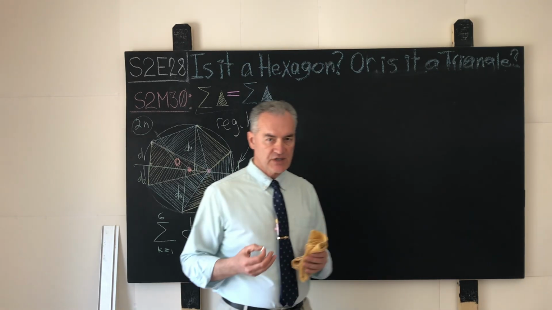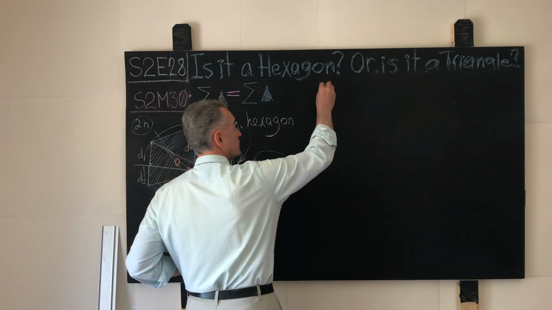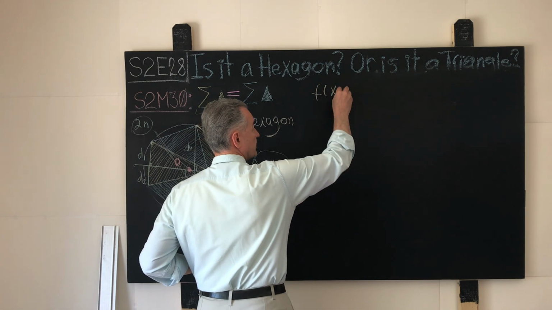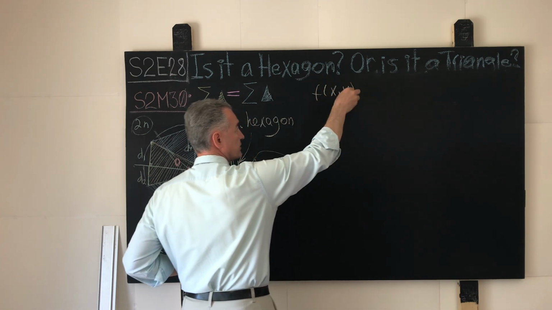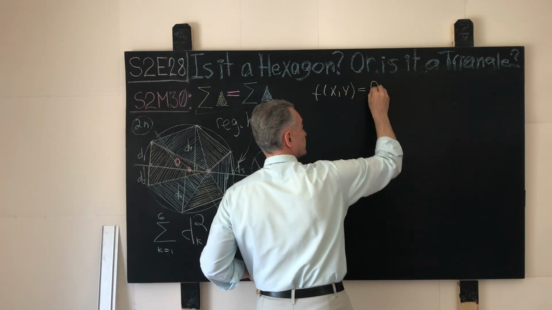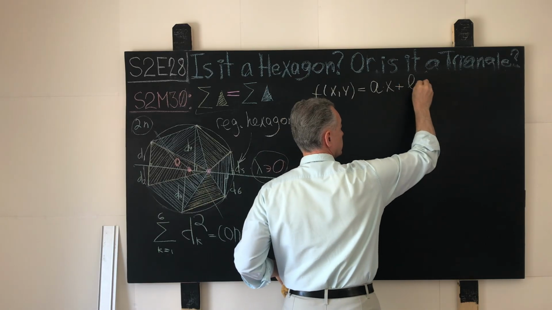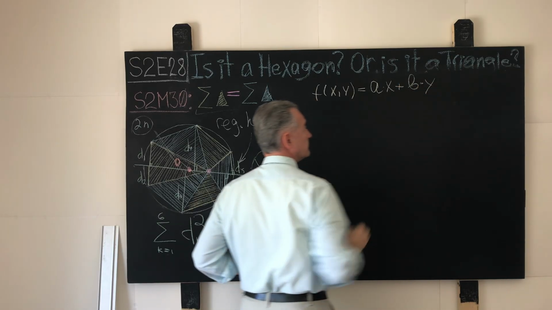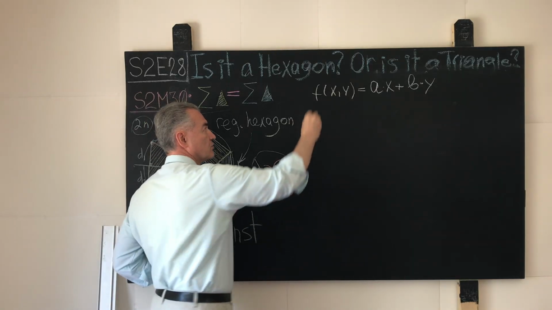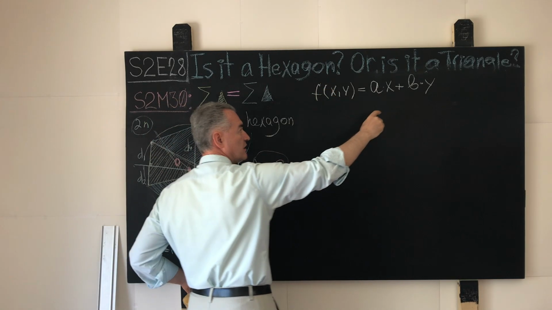As such, in grown-up mathematics, the function in two variables, let's say f(x, y), where x and y are real numbers, is called linear if it has the following shape: a times x plus b times y. So far so good. So this is the function f of two variables x and y.